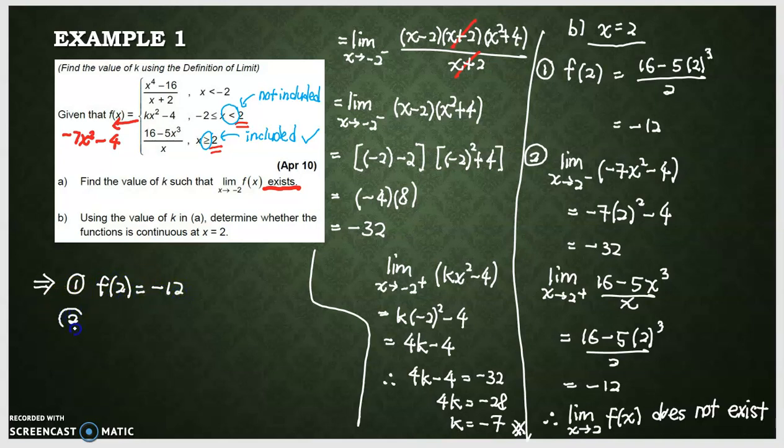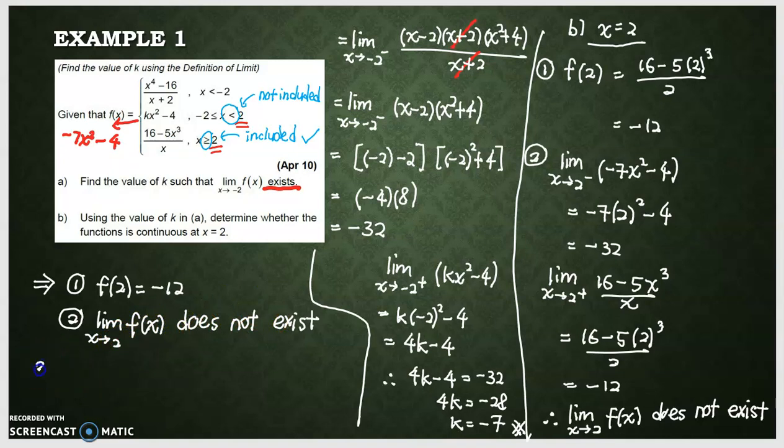In the second condition, the limit of f(x) when x approaches 2 does not exist.